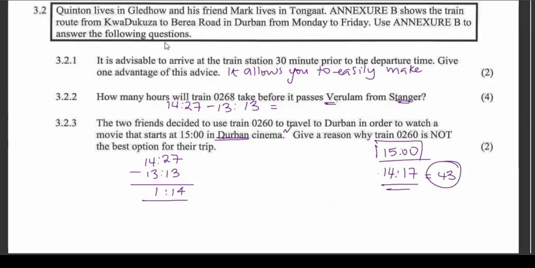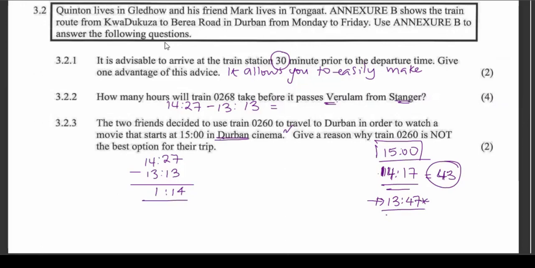And remember, in the first question they said you should arrive at the train station 30 minutes before you board. It means this is 17 plus 13. So they have to be at the station at 1:47, 30 minutes before it starts.